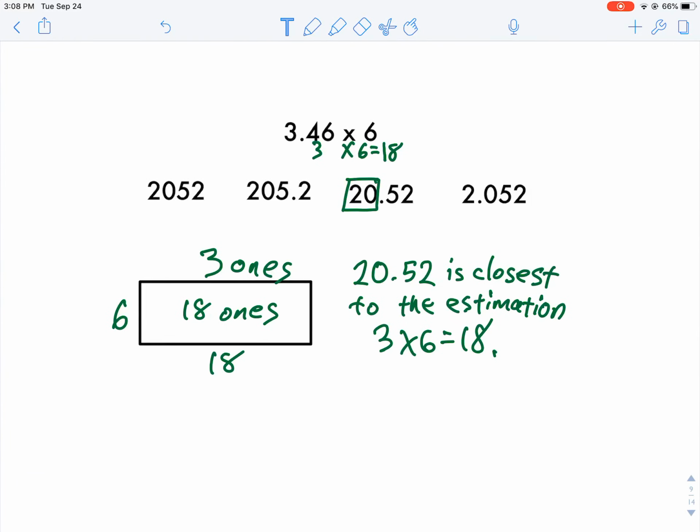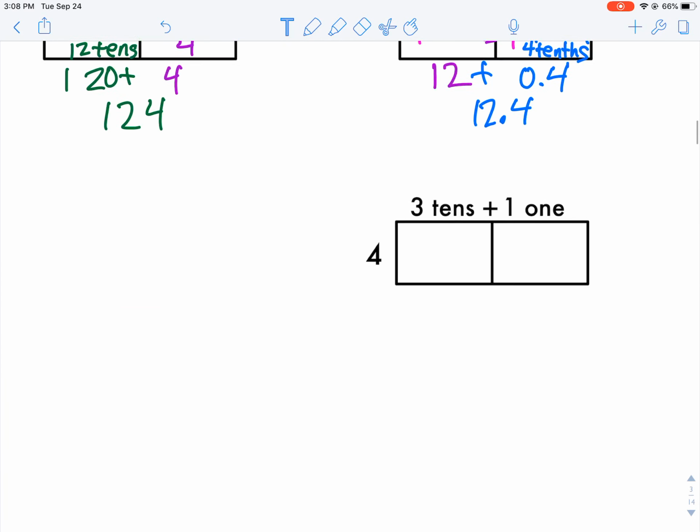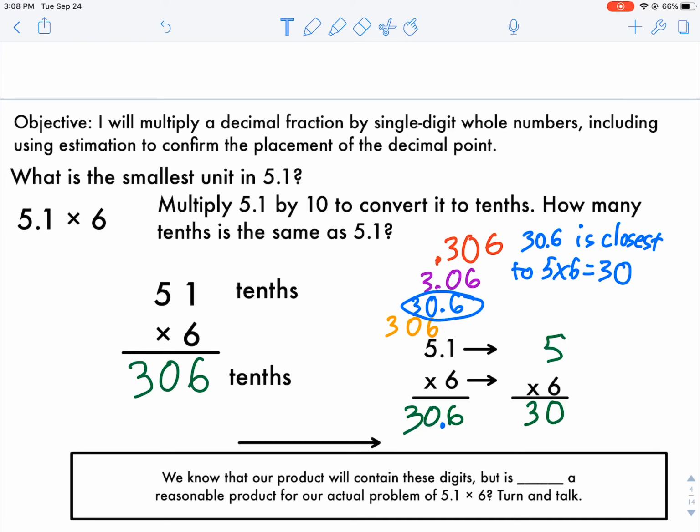So we were basically going over estimation in order to find which answer is reasonable. So let's go to the objective. Here's our objective. I will multiply a decimal fraction by a single digit whole number, including using estimation to confirm the placement of the decimal point.